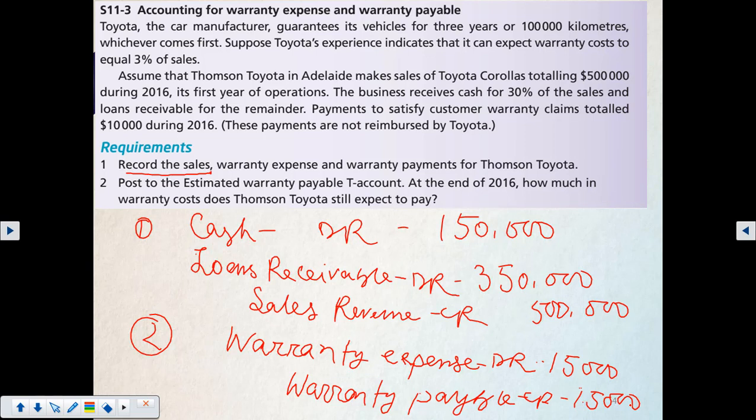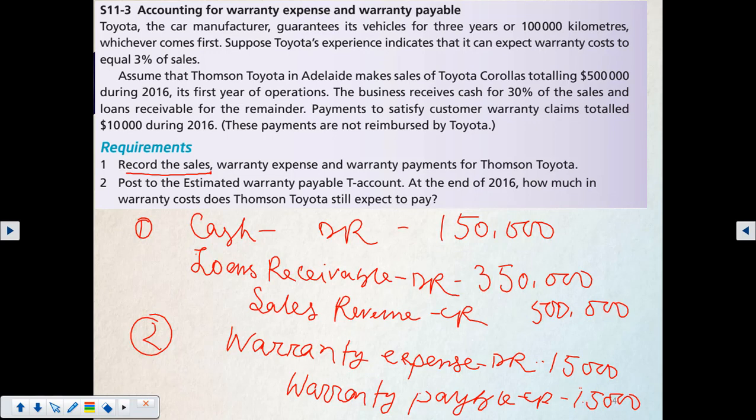Because we are reducing the amount. Think about a reserve: I'm going to give $15,000 as a warranty expense this year, and I already recorded it as a liability. But I need to reduce the liability because I paid $10,000. So I reduce my liability by debiting warranty payable $10,000. That means my liability is going to decrease by $10,000. And the money is going out by cash, so cash is going to be credit.